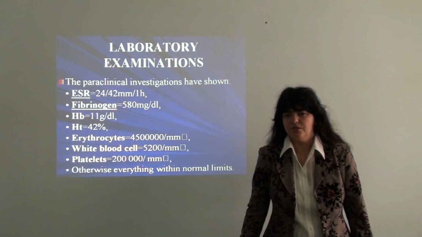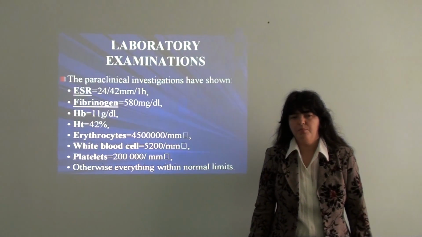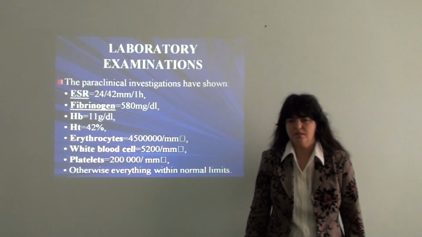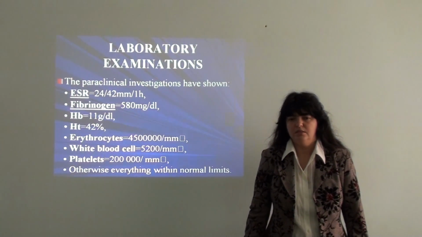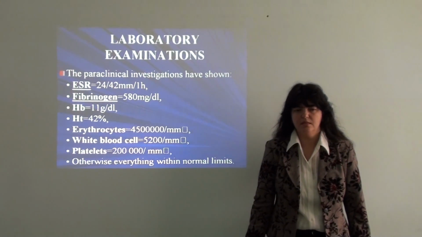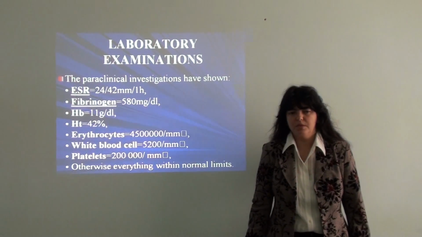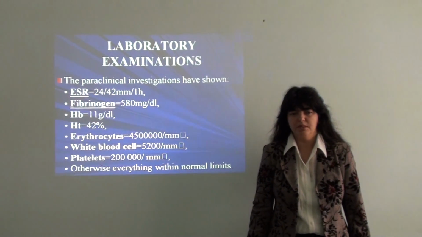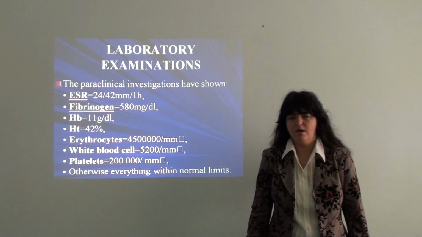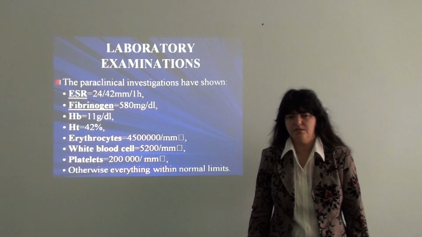Laboratory examinations. Of course, at this moment it was very important what the paraclinical examinations have shown, and I saw that the erythrocyte sedimentation rate was a little increased, 24 per 14 millimeter. The level of fibrinogen was also increased, 518 milligram per deciliter.